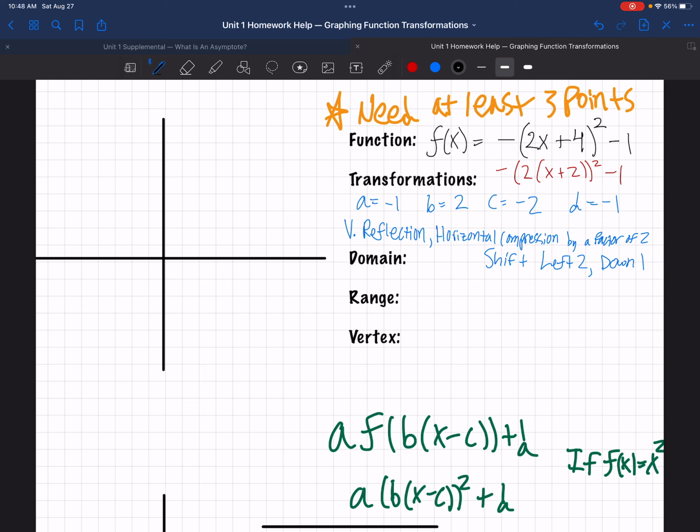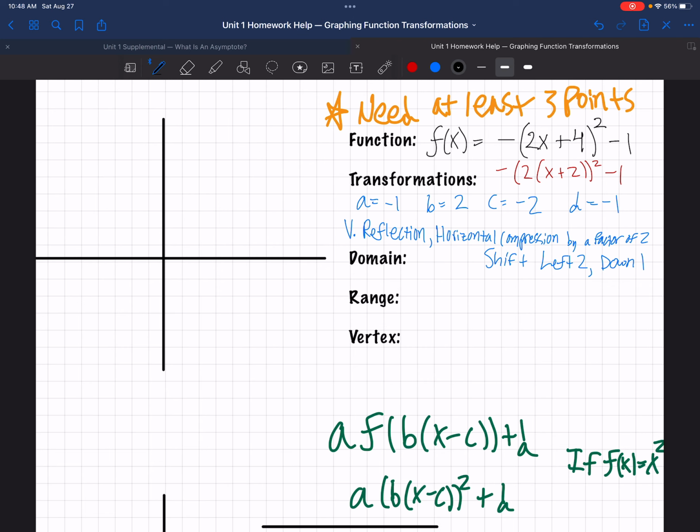So like absolute value and quadratic, that is a vertex. For a cubic, that's the point of inflection. For a square root, that is an endpoint. So it's whatever that starting point is, that's usually 0, 0 for our parent functions. That's what I'm going to think about in terms of shifting.